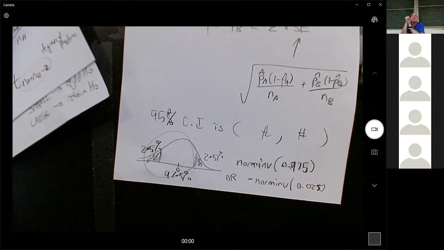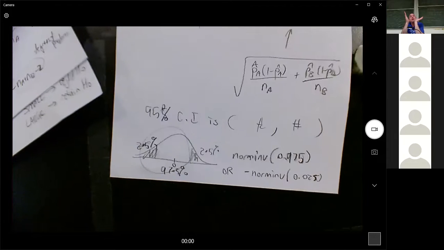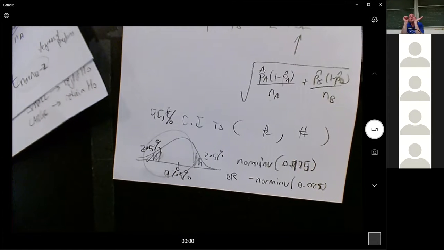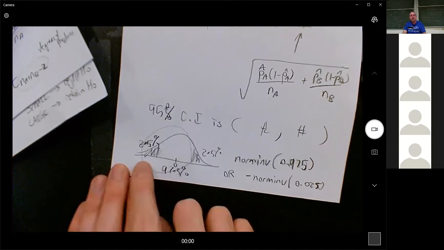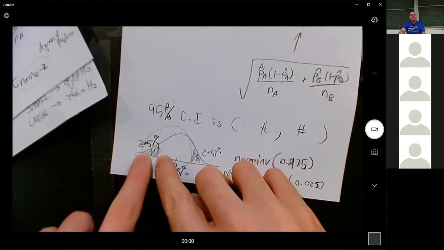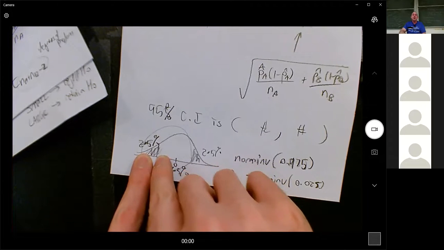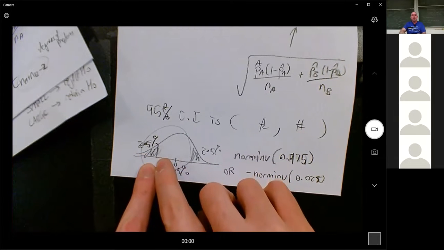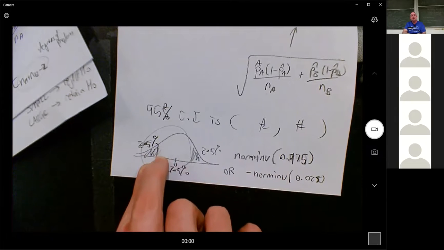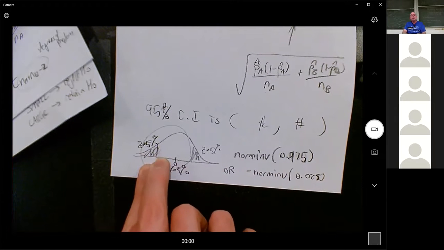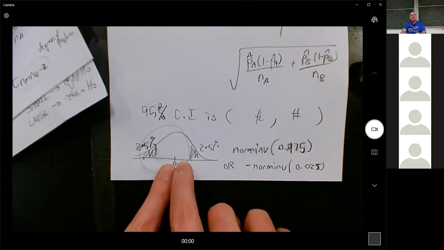Norm inv takes the area on the left and gives you the number that goes with it. And so at this spot, the area to the left is 2.5%, which is 0.025. And so norm inv of 0.025 will be whatever number's on the z-axis at that spot just there. And then at this point, norm inv of 0.5 will be 0 because you're halfway.